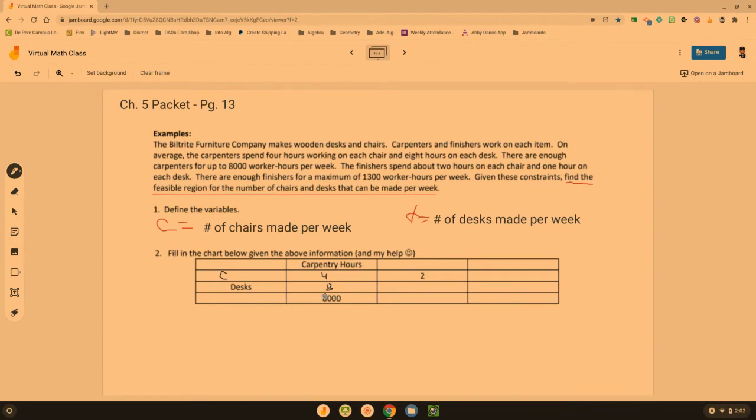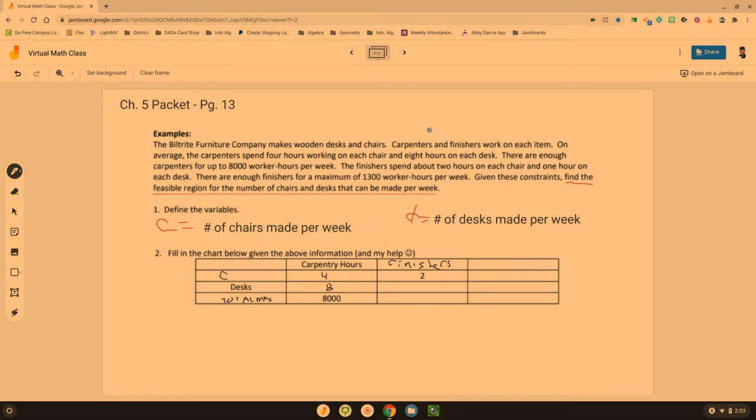Why is the 8,000 down here? Well, that's the total that we have to work with, right? Maximum hours to work with. So the total max. If this column represents carpenters, we're going to let this column represent our finishers, the people that are going to apply perhaps a stain or something to each of these.